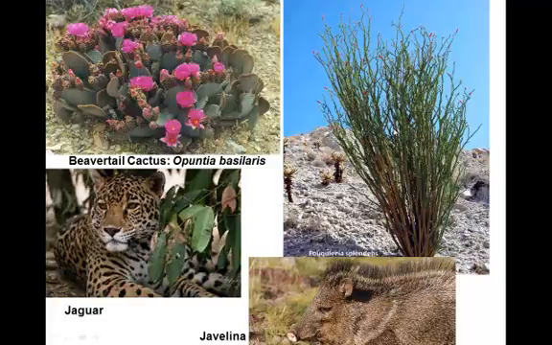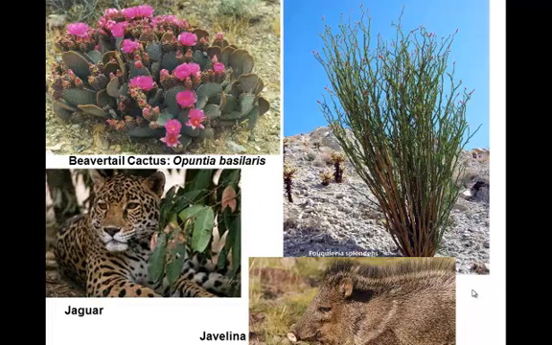In the upper right here, we have Ocotillo, which is not a cactus; it's in its own family. It's a really unique and beautiful species. And then the javelina: as the climate has become warmer, the javelina's distribution has moved further north.